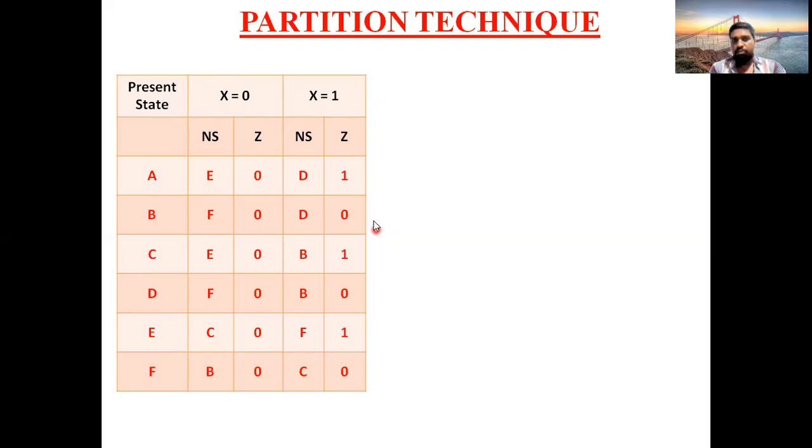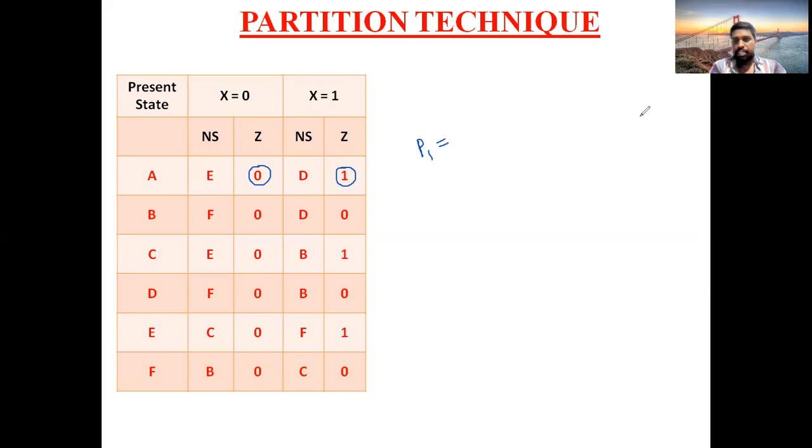Now, the first partition. First partition means P1. P1 is done by verifying the output conditions which are the same. See here, state A has output 0 under x equals 0 and output 1 under x equals 1.